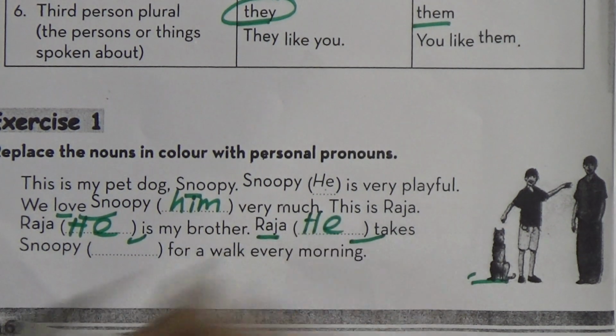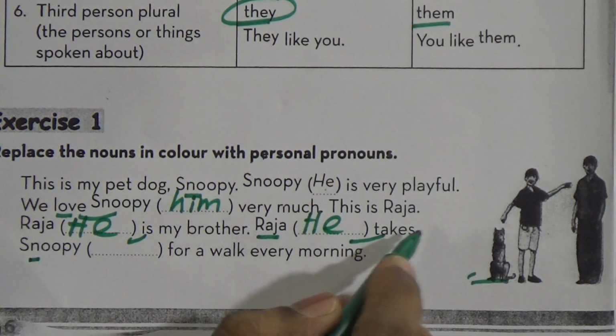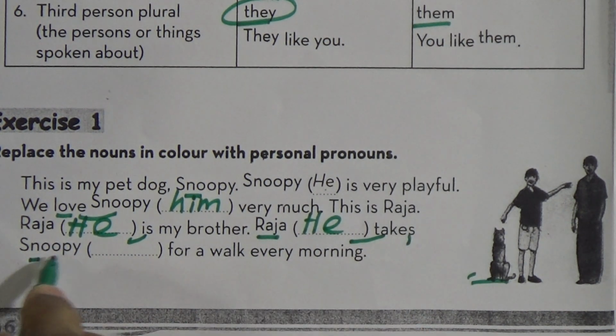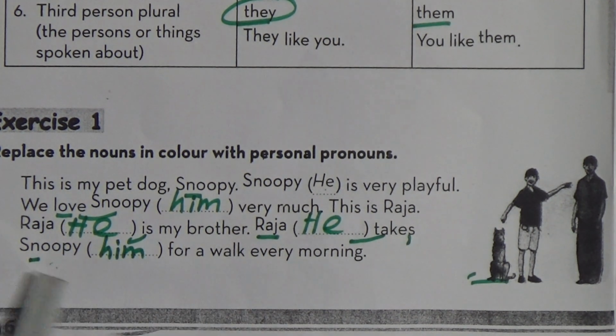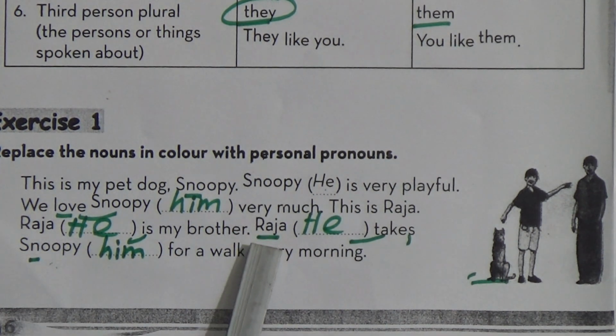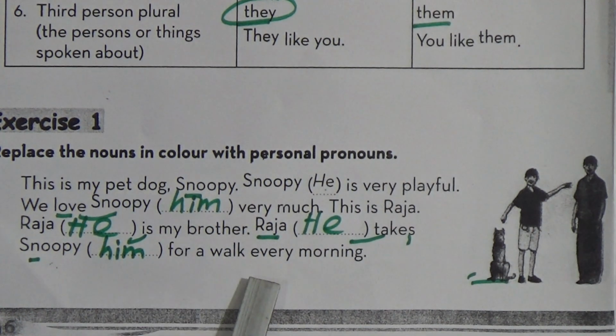That's why we have to use he. He takes Snoopy. Snoopy here is the objective form. After the verb, objective form. So we have to use him. He takes him for a walk every morning.